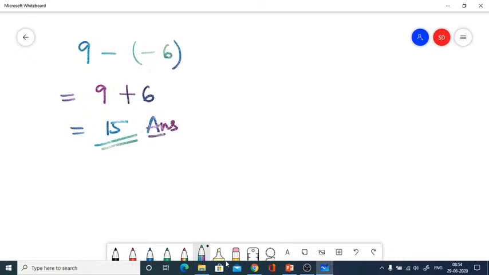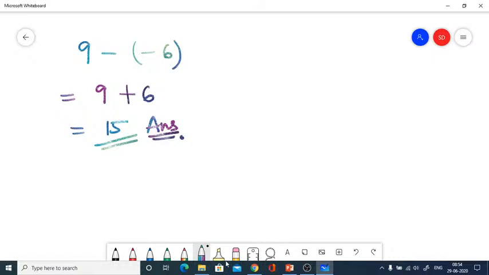Subtract minus 6 from 9. So 9 minus minus 6. So that's a 9, and both are negative, minus minus sign. So this will be plus sign, plus 6. So that will be 15. This is the answer. Whenever negative numbers are involved, don't do it mentally.